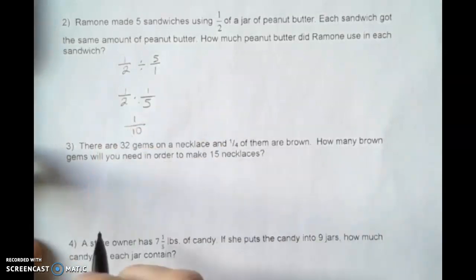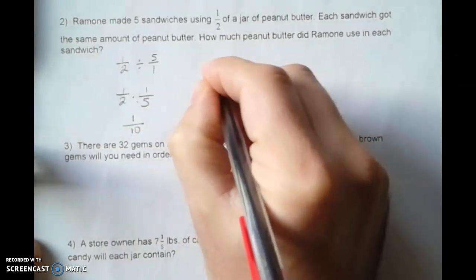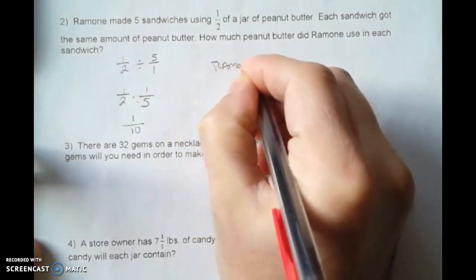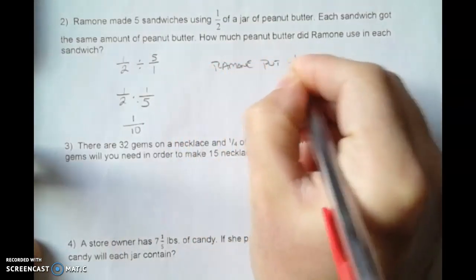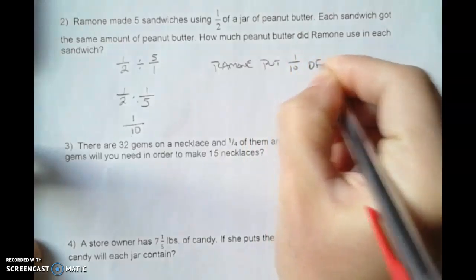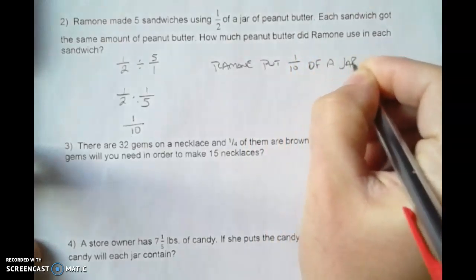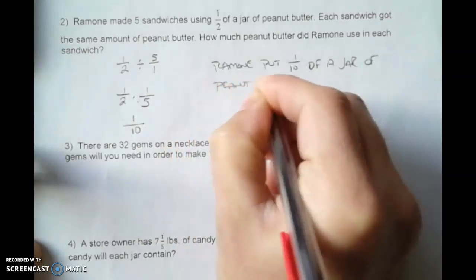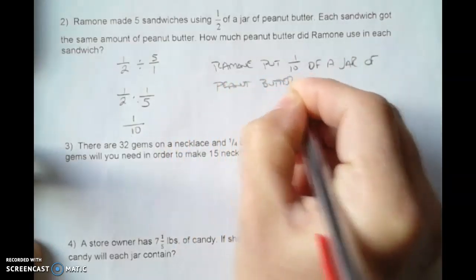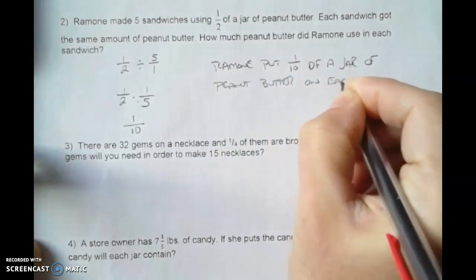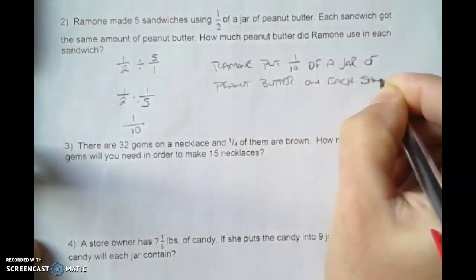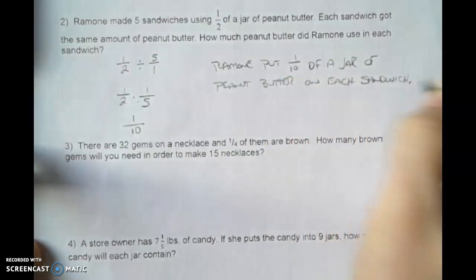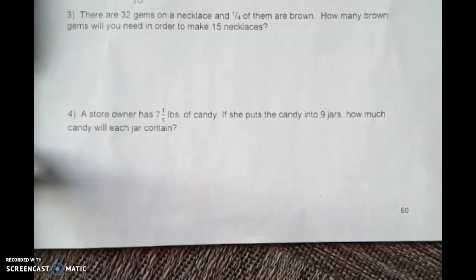And so I get 1/10, which means that Ramon put 1/10 of a jar of peanut butter on each sandwich.